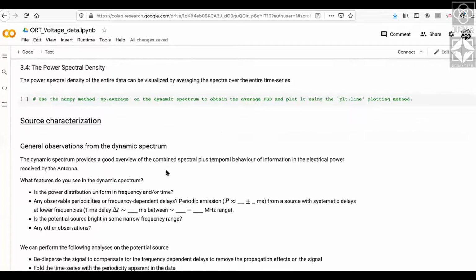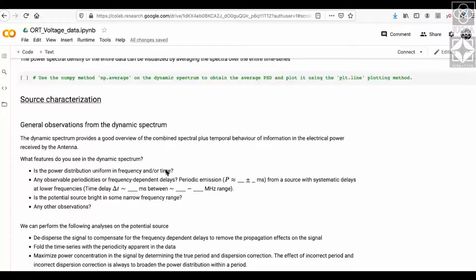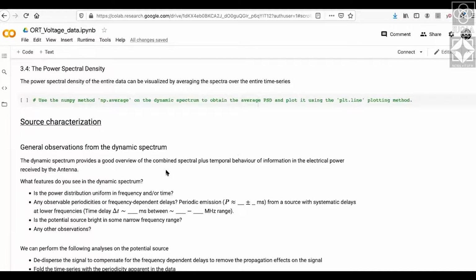What will happen is, I don't know whether it has been covered yet, about dispersion of the signal that is coming from the source. I think Desh covered it, although I'm not sure. So what happens is that even if emission happens at all frequencies at the same time at the source, because of dispersion due to the interstellar medium electrons, the lower frequency signals will be delayed compared to the high frequency signals.